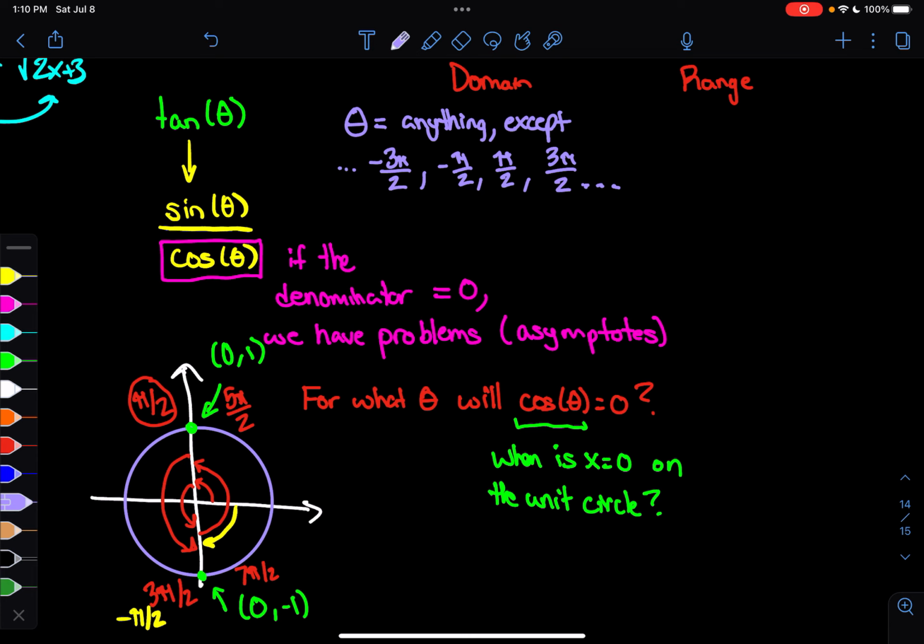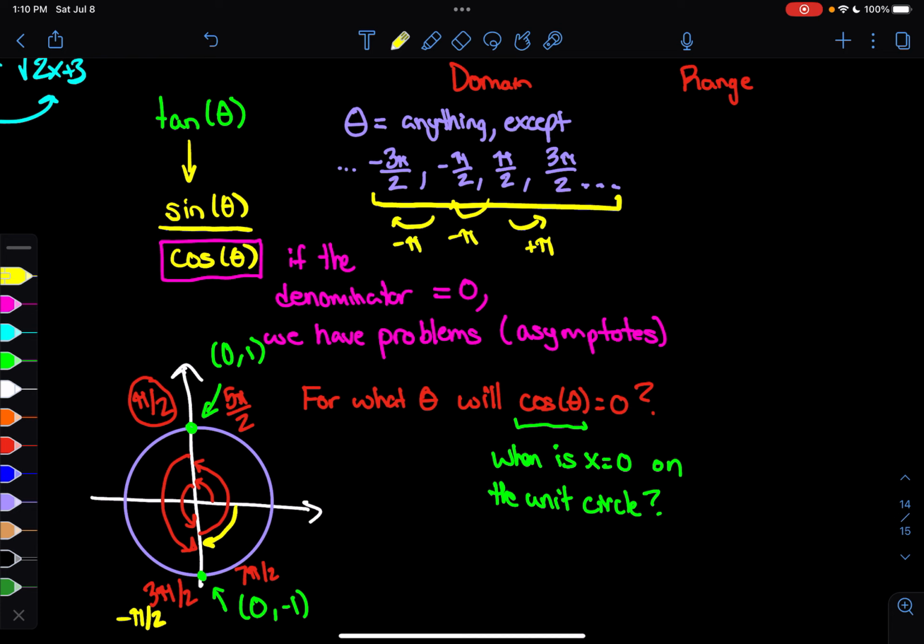And so, one way we could try and shorthand this is to ask, what is the difference between all of these? Theta can't be pi over 2, but you'll notice that the gap in either direction is just pi. If I subtract pi, I end up here. If I subtract another pi, I end up here.